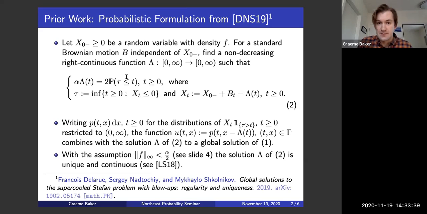Given a solution to this, you shift things around. PTX are the densities for these random variables involving X and the stopping time. Then you shift the domain, and you get a weak solution to the original PDE. If you can show that lambda prime doesn't blow up, then you have a bona fide solution. One of the things that's shown is existence and uniqueness for this.